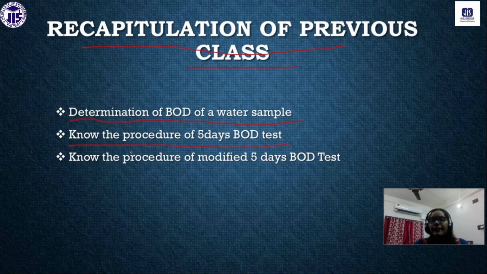In my previous class, I have already discussed the procedure of the 5 days BOD test. Now you know the procedure, and you know the procedure of the modified BOD test also. So these are some of the topics that we have discussed so far.